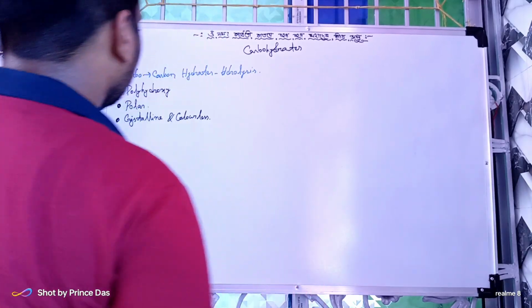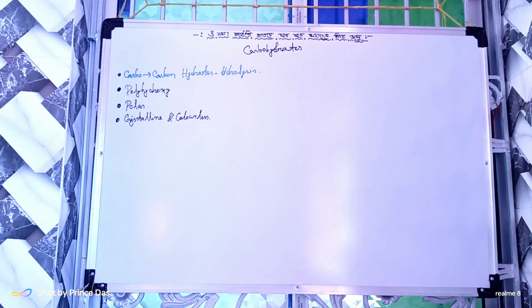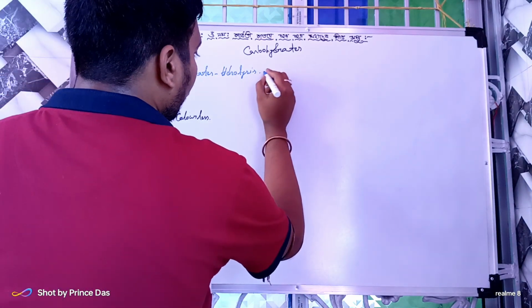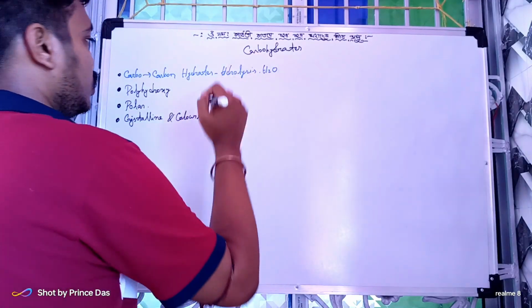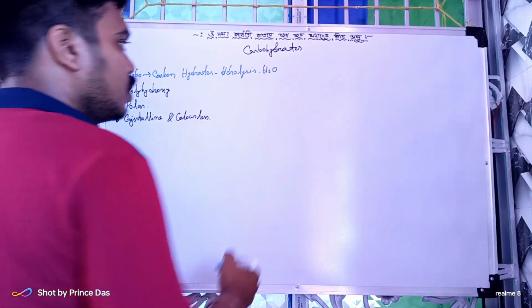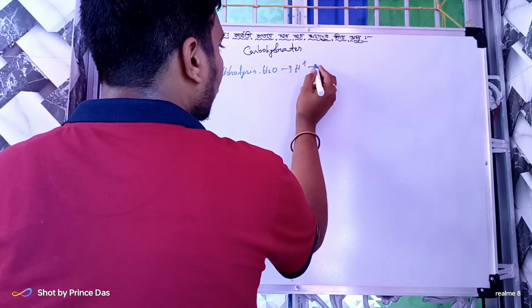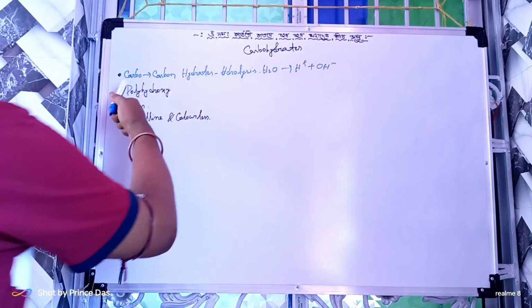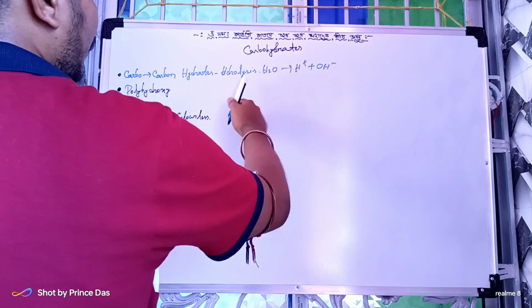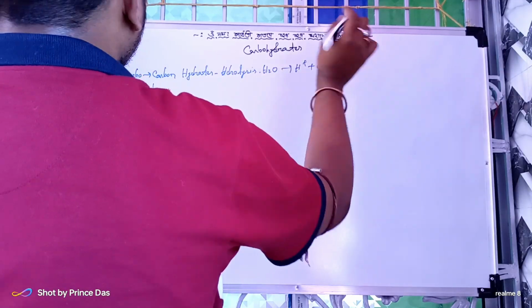Okay, hydrolysis. So hydrolysis of what? Hydrolysis means division of H2O. Okay. So I told you the division of H2O means H plus and OH minus. So carbohydrate means carbo is carbon, hydrate is hydrolysis of H2O, meaning H plus and OH minus.